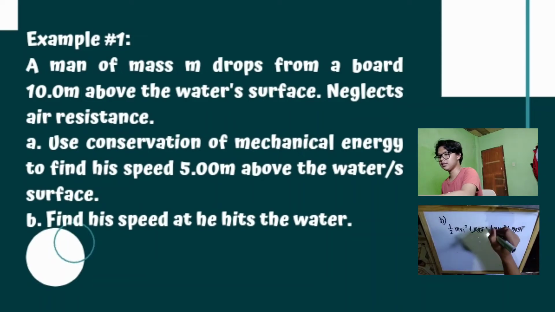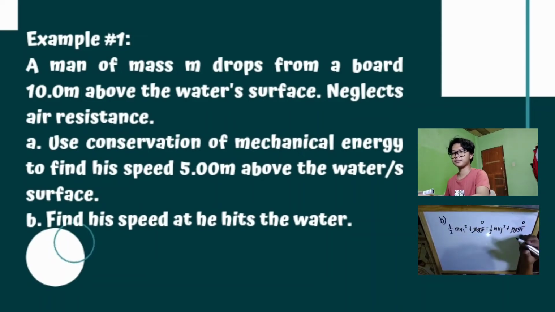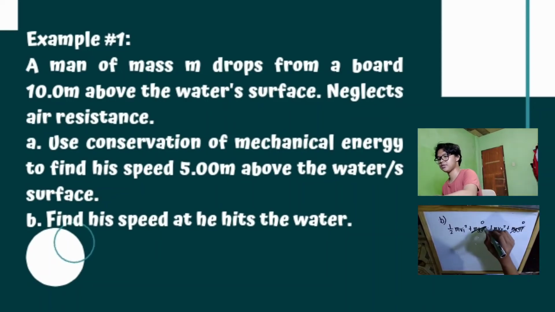This term becomes 0. Again, our final position is 0 and our initial velocity is 0. We can now cancel the mass. So, we have g y initial equals one-half final velocity squared, and that final velocity is at the reference, where we are now in the water.